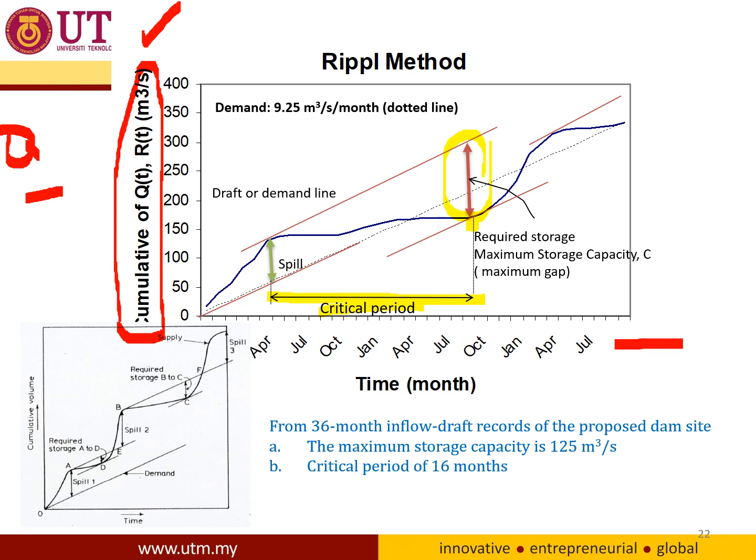So for here, from the 36-month inflow draft record, the maximum storage capacity is 125. So this is the distance. This one. Okay, and the critical period is 16 months. So this is how you identify from the mass curve the maximum storage capacity and the critical period.